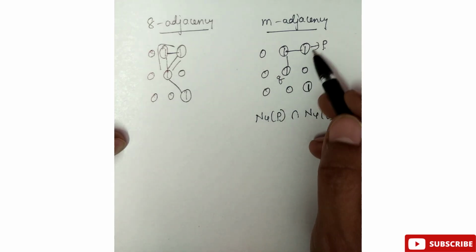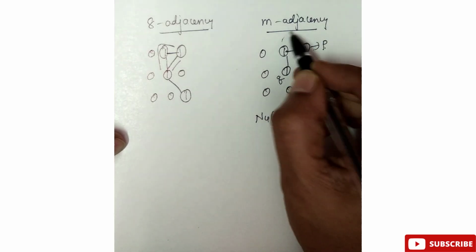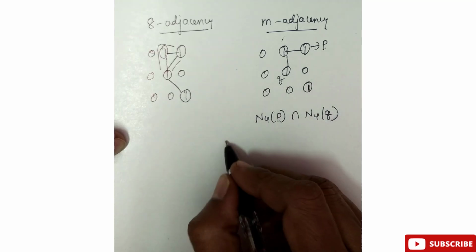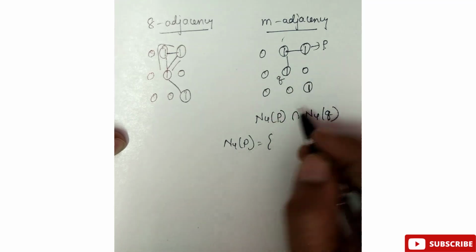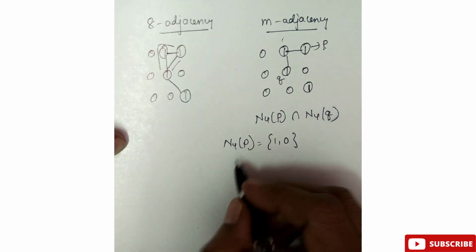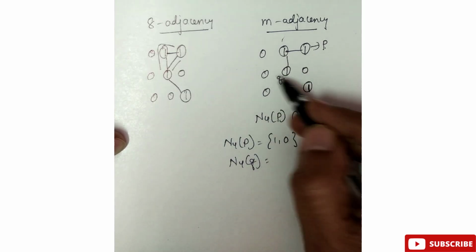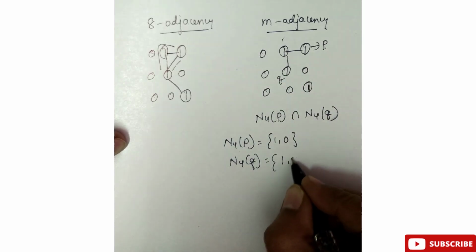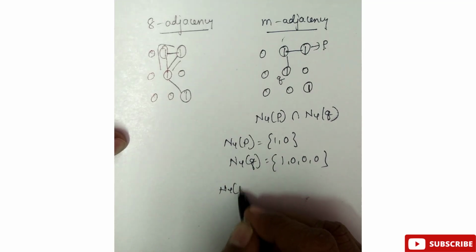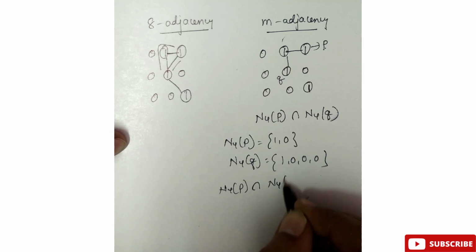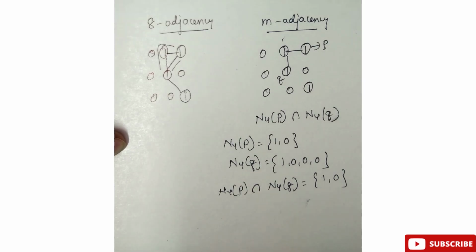Q is in ND of P. Now we'll see what is N4 of P. N4 of P means this one and this one. We are getting only two. So what is N4 of P? Yes, 1 and 0. Then what is N4 of Q? For this, 1, 0, 0, 0. What is N4 of P intersection N4 of Q? Yes, if you take the intersection, you'll get 1, 0.